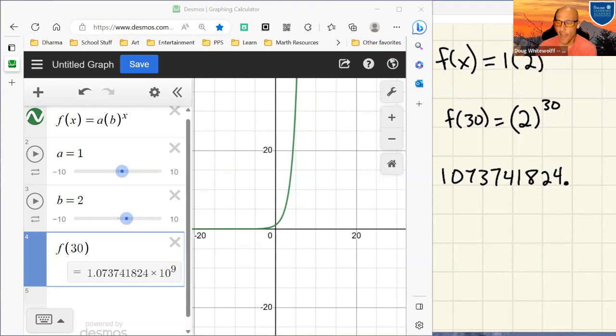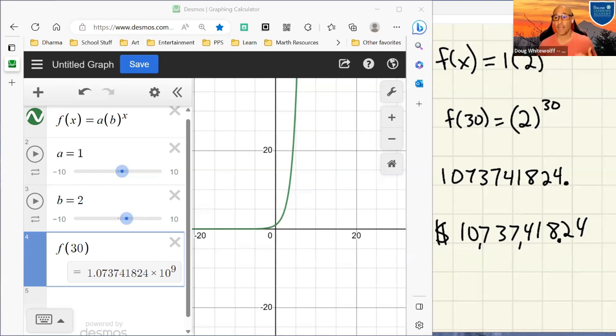We have to divide that by 100 to see how many dollars. So it would be that many dollars. Hey, Ray, 10 million, I think. Option 2? Yeah, $10 million.